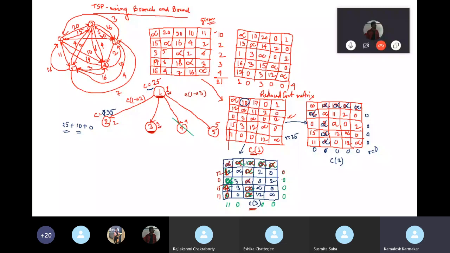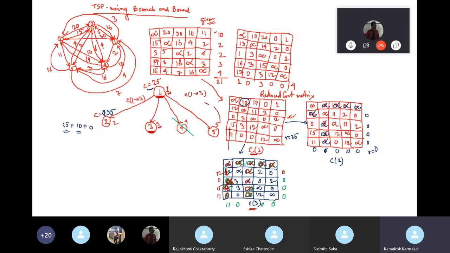Minimum value is 0. One more thing we have to update: if the edge is vertex 1, 2, 3, then we have to update position 3, 1 as infinite. So position 3, 1 is being marked as infinite as well at the same time.